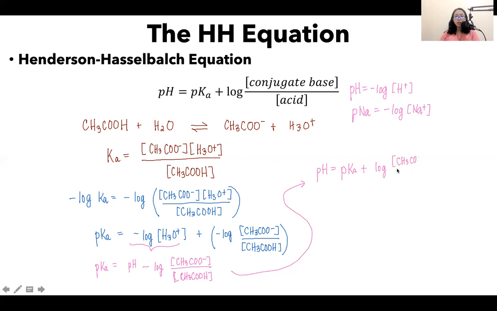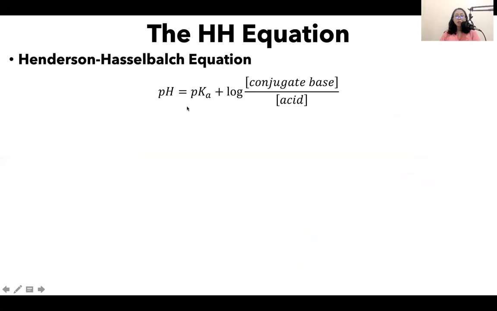And if we generalize this equation, we have the Henderson-Hasselbalch equation. So notice in our ratio, we find the conjugate base in the numerator and the weak acid in the denominator. So this is your Henderson-Hasselbalch equation. Later on, you will see how this equation is used in the context of buffers.